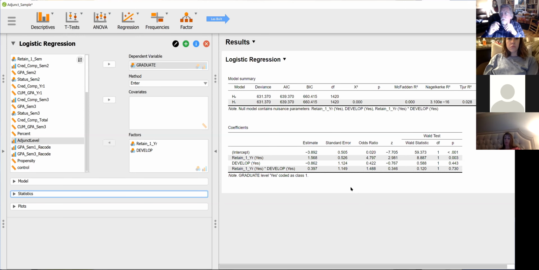Remember, regression was like y equals mx plus b, where there was a value for the intercept, that was b, and a value for m, which was a coefficient on the predictor variable. In this case, we have something similar. These are estimates. If we were actually going to write an equation, we'd use these estimates. But we look to see what's significant.